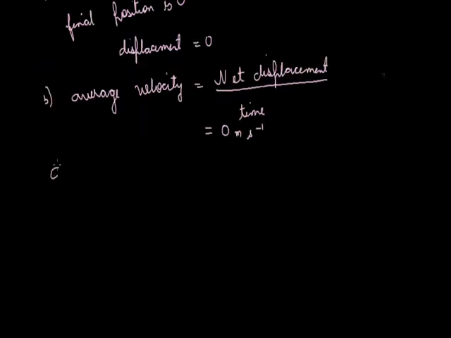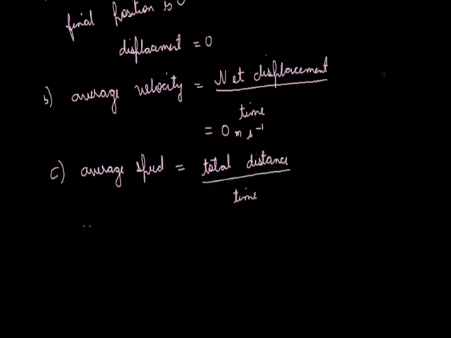And the last is average speed. Average speed is the total distance travelled by a person in the total time. Now we have to calculate the distance.